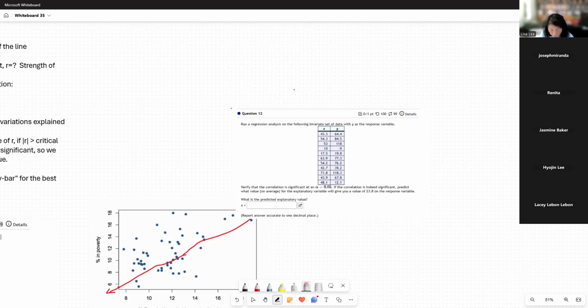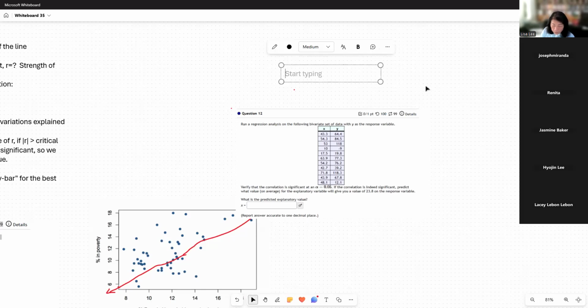Then plus b replaced by 1.85393, and put the x behind. So this is the linear regression equation.